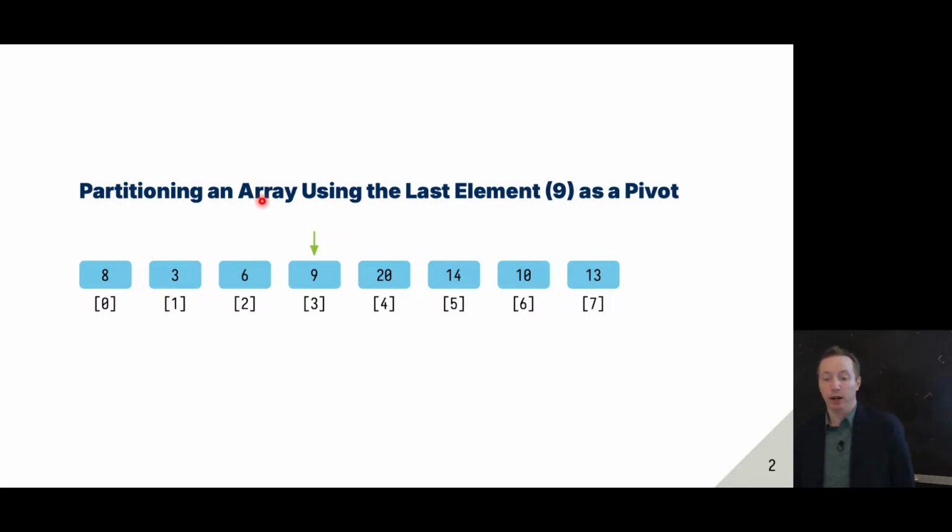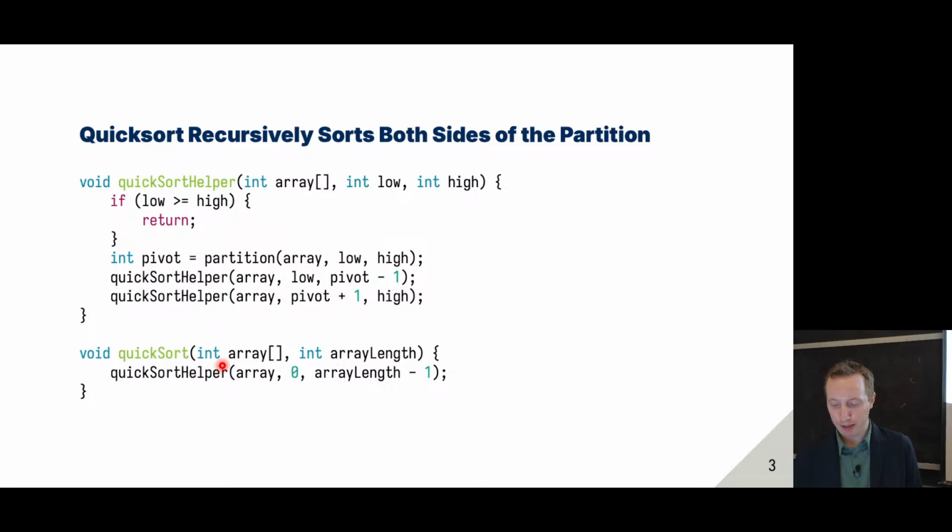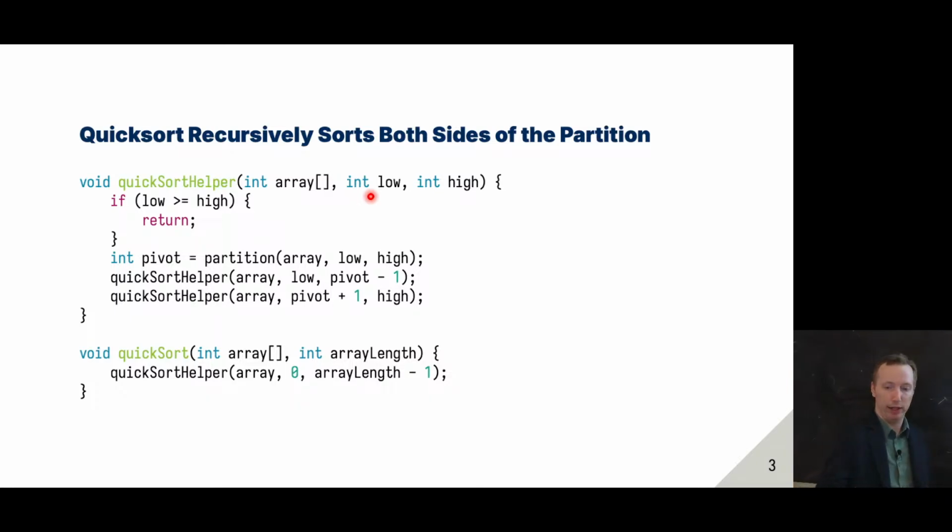So this is quicksort. We could just define it using an array and array length, but we're going to have a helper because our quicksort is going to take the index to start at and the index to end at, because we're going to try and sort smaller arrays.